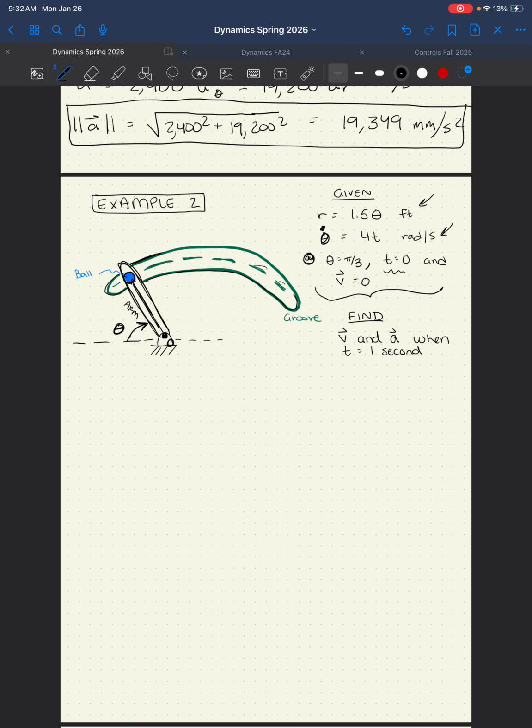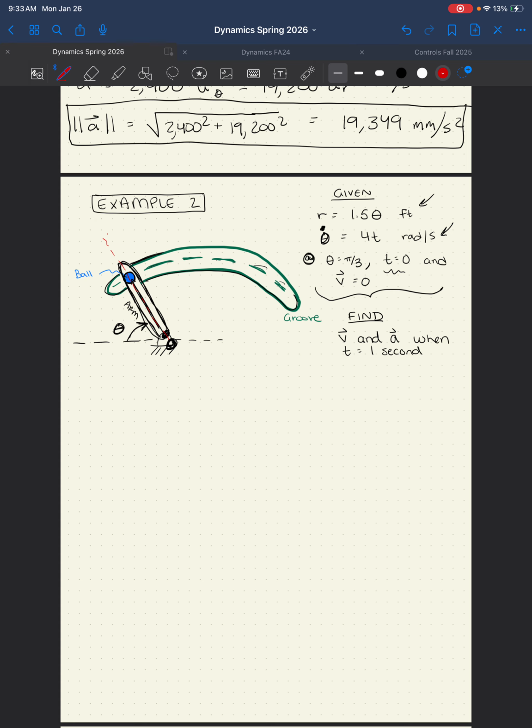So let's start out with our velocity. Again, I'm going to say if I have this origin O, this radial arm here certainly seems to be defining my radial direction, right? So if I draw a line from my origin to the ball, that's always going to be perfectly aligned with this arm that pivots around theta.